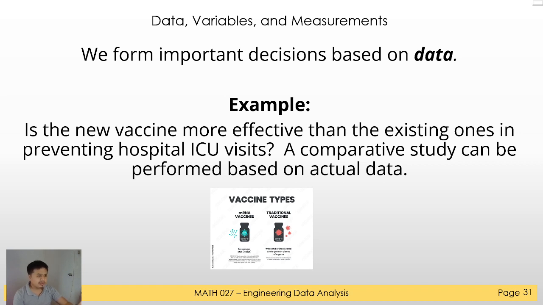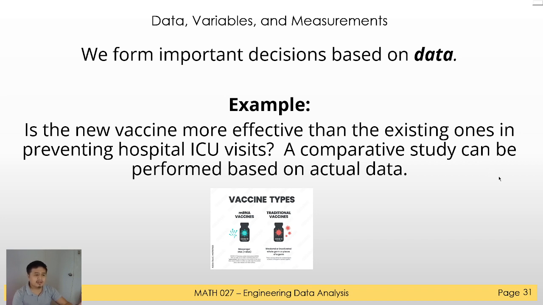With regards to the data, it could be how many of the persons who have taken the new vaccine had an ICU visit. Now comparing that to the existing vaccine, how many of the existing vaccine patients have had an ICU visit.